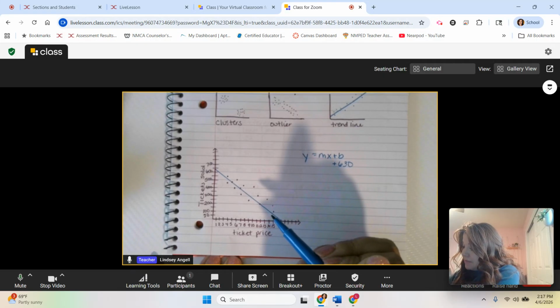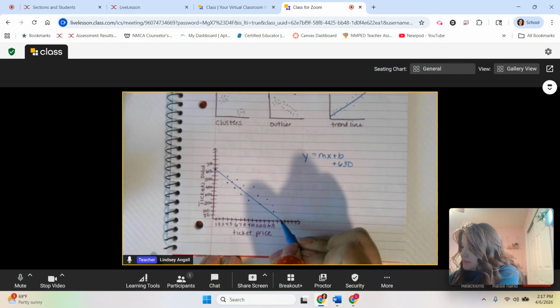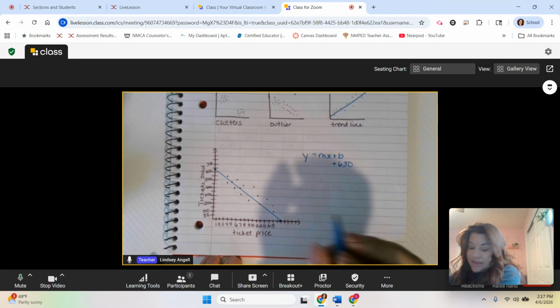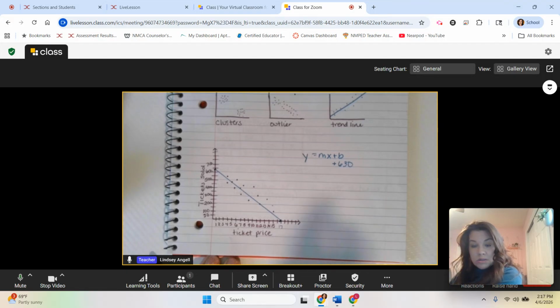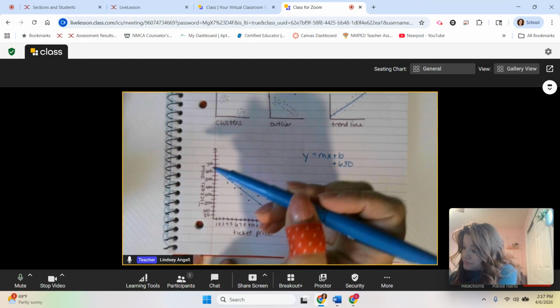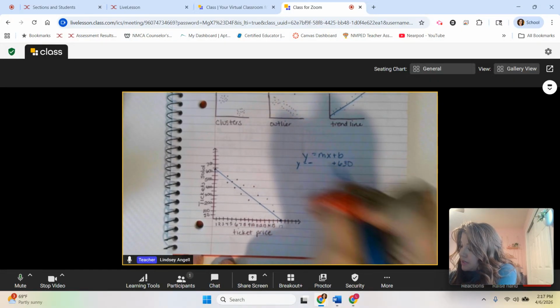Next, I'm going to need my slope. One thing I could do is use my y-intercept, and the way I drew it, it actually hit perfectly right there at $17. So I could use those for my rise over my run. I know my slope is going to be negative because it's going downhill.